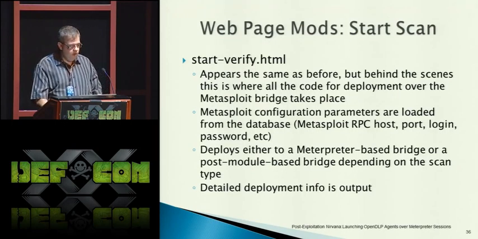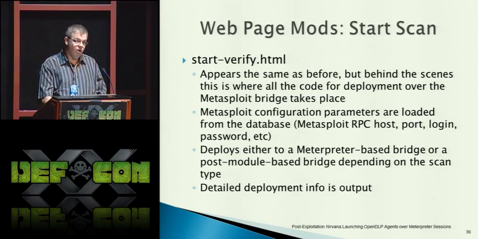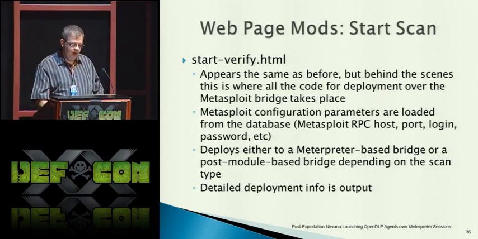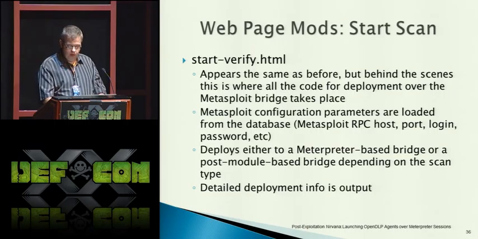And this brings me to the Start Verify page. This is the page that does all the work down inside. This is where the deployment happens, where directories are created, where files are copied, and the services are started. I just load the configuration parameters out of the profile and deploy to either Meterpreter or post module based bridge.